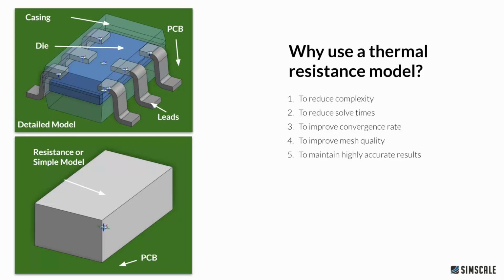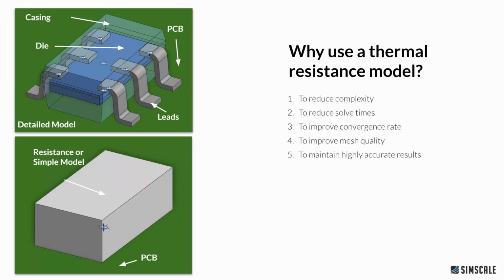So a simple model might be plonking this cuboid into your CFD simulation and assigning a material to it that might be of high conductivity. That might be some arbitrary material, but we could assign copper. And then we could say that the power that it's dissipating is going to be assigned as a volume on that entire region.